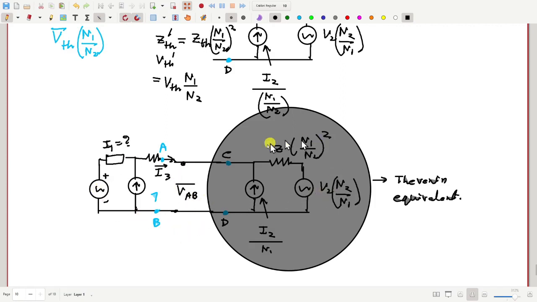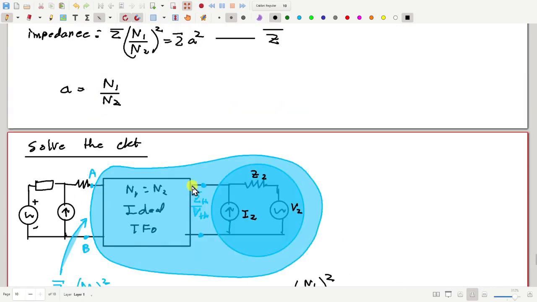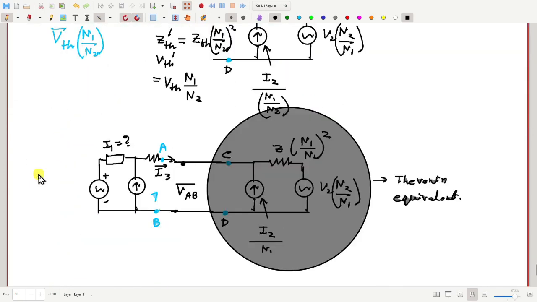These values I can calculate from this circuit. And then this VAB will be the same as the VAB that was there in the original circuit. The current I1 will be the same as that in this circuit.